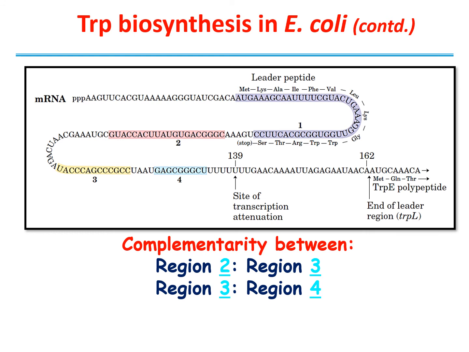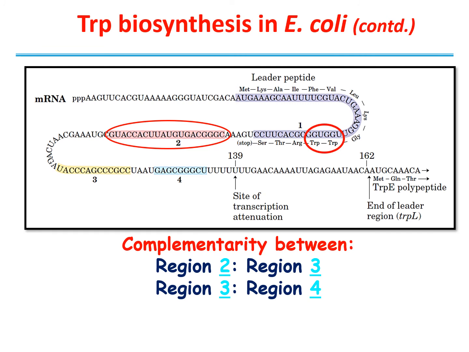You can see there are 4 segments of the leader peptide, colored and marked in violet as 1, in red as 2, in yellow as 3, and in blue as 4. The important point to notice is that the leader peptide has 2 trp codons for 2 trp residues.